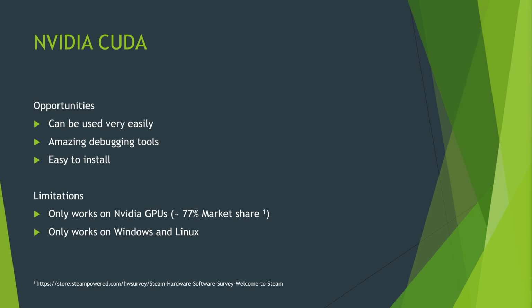Then you have some issues because CUDA doesn't work there, and Apple is also a bit selective with their own GPUs. They had Nvidia in the past, they have AMD, they have their integrated solutions, and it is a bit different in the Mac world. So Windows and Linux might also be a limitation here.